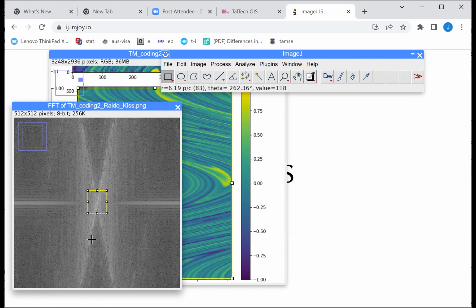Now, ideally, you would take not inside the square, but you would take two squares, one square here, and another, but I'm not sure if I can draw it now. It seems to me that as soon as I'm drawing another square, this goes away. So the area between two squares, smaller square and 2 times bigger square, and the sum of the squared values of the pixels inside here.